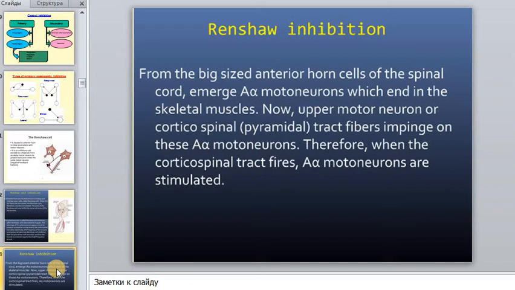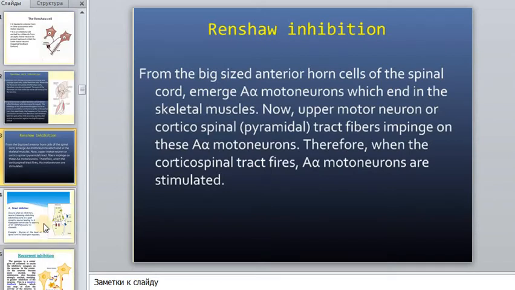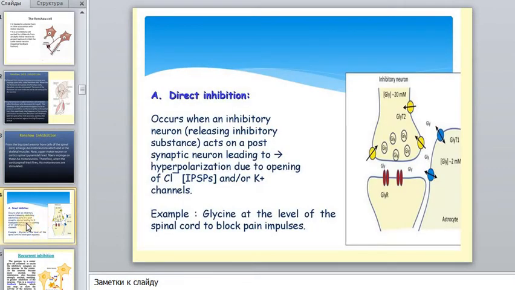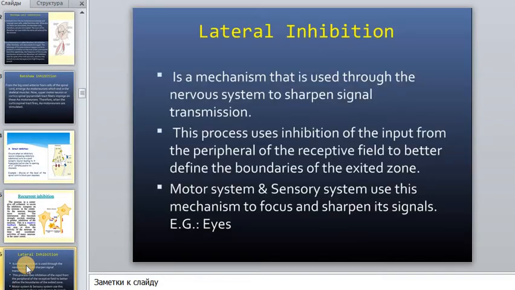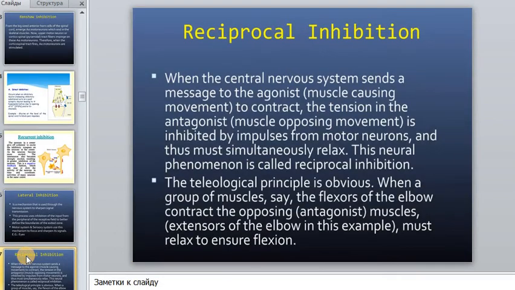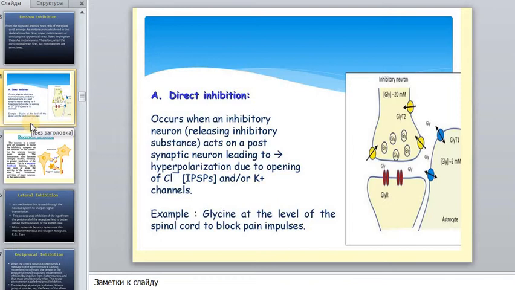Therefore, when the corticospinal tract fibers fire, alpha motor neurons are stimulated. And we see this example: direct inhibition, recurrent inhibition, lateral inhibition, and one more kind, reciprocal inhibition. Let's start from direct inhibition.